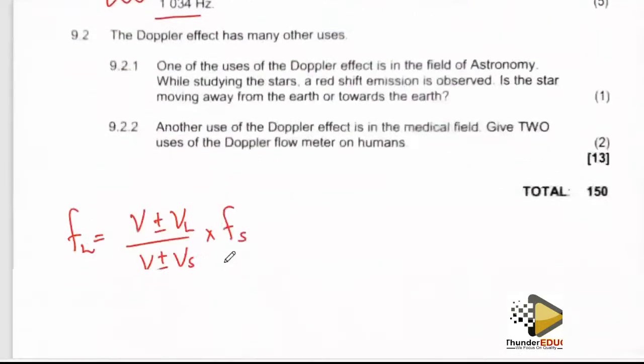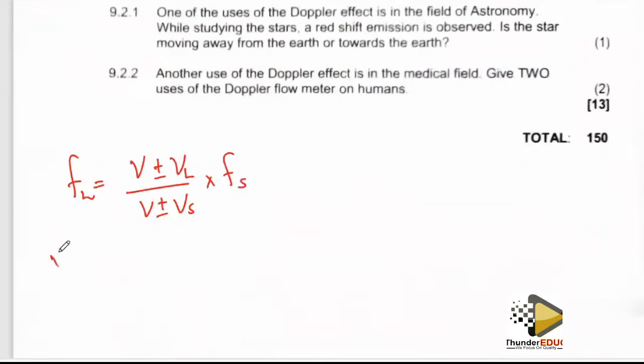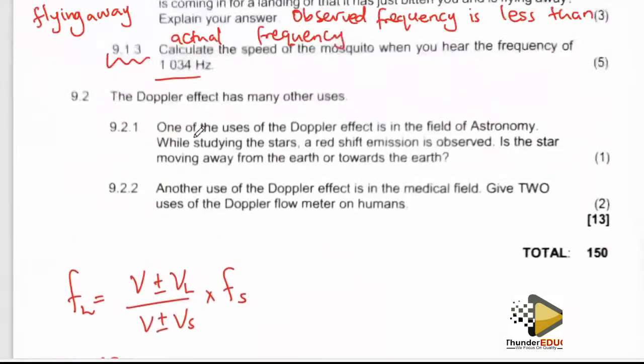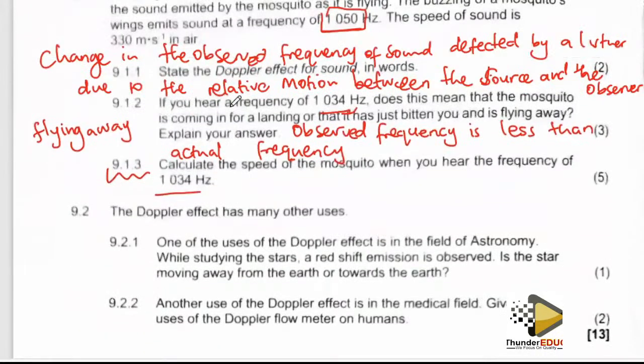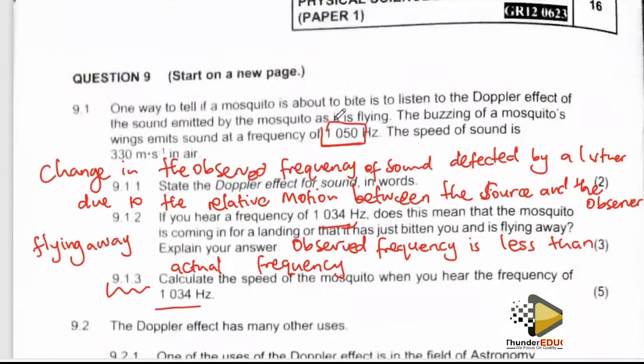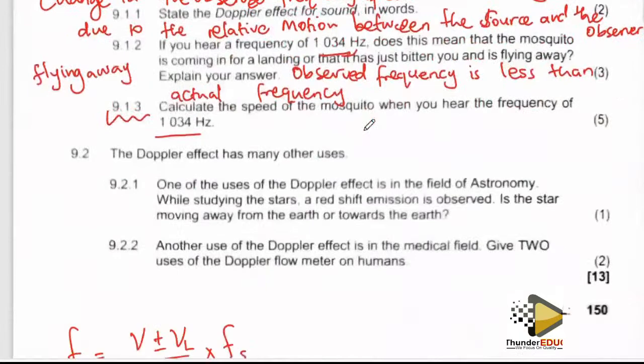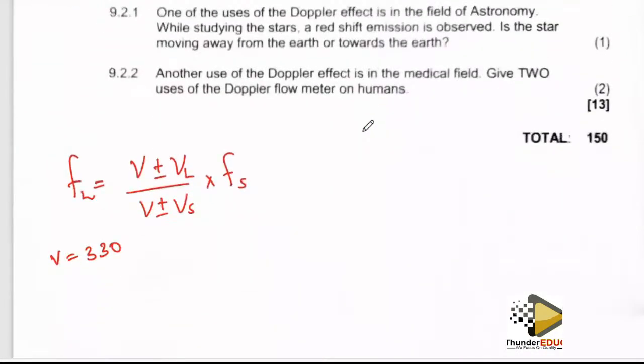We have our V as 330. They want us to get the velocity of the source. What we know is the frequency of the listener is 1034, and the frequency of the source is 1050.